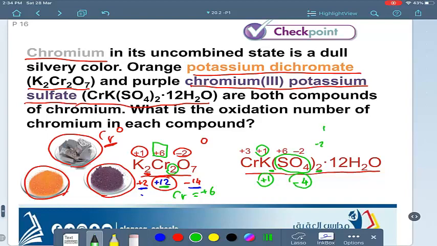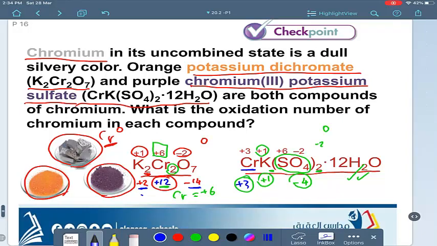And this is a compound. Leave the water now. We don't need to calculate anything related to this water. It's a hydrated compound. But if you have positive 1 and negative 4, what you have to make for chromium to make the overall charge 0, because it's a compound, is positive 3. So chromium here is positive 3.